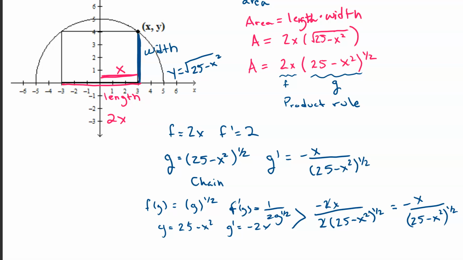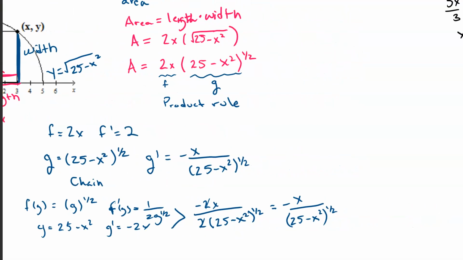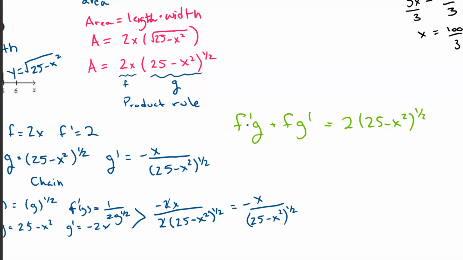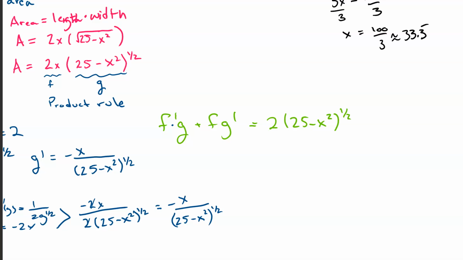All right, so let's apply our product rule, which says f prime g plus f g prime. So here we've got 2 times g, and then f times g prime.